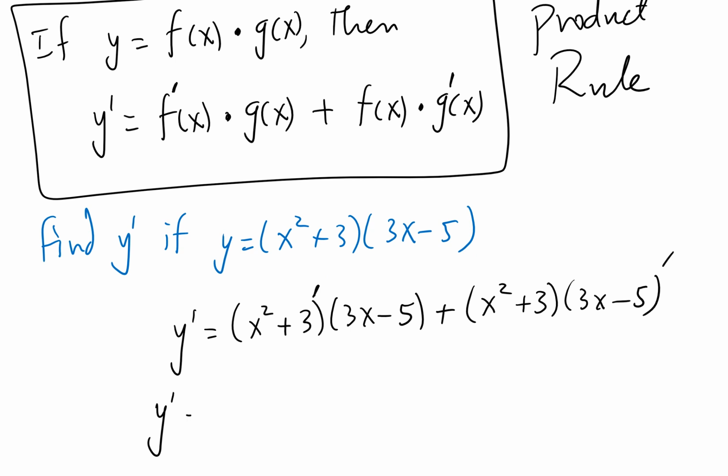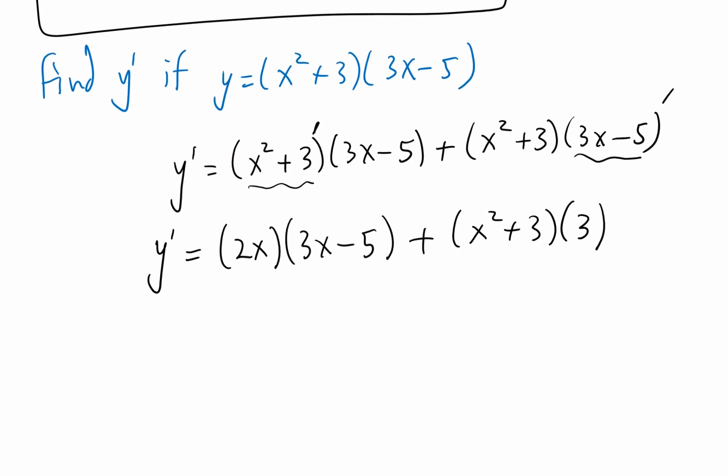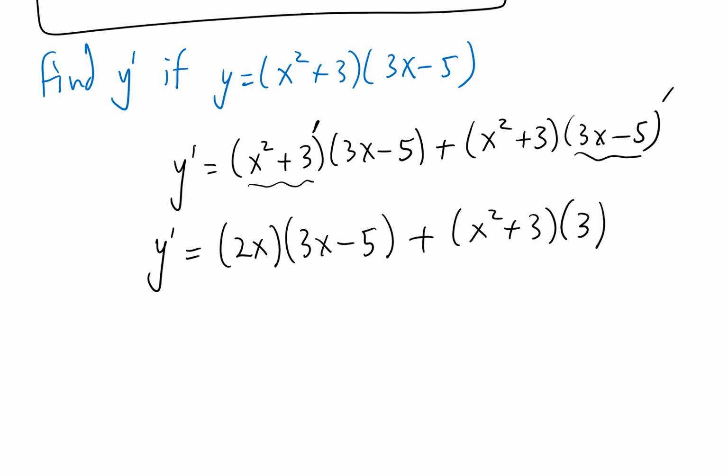What's y prime? The derivative of this one is 2x plus 0, times (3x minus 5), plus, keep this the same, the derivative of this one is 3 minus 0. Please don't leave it like this. Multiply it out, because later on in chapter 4 you must multiply it out.